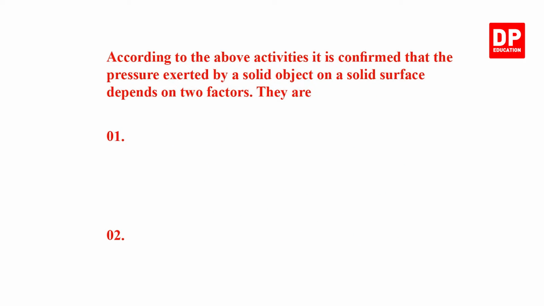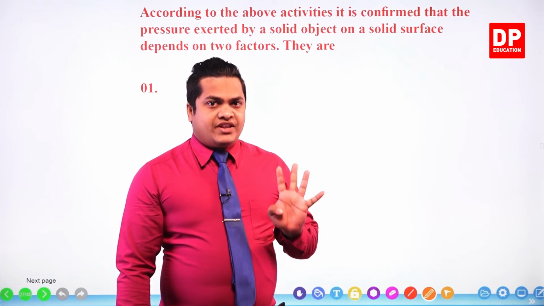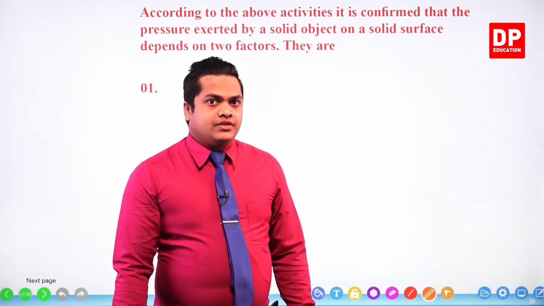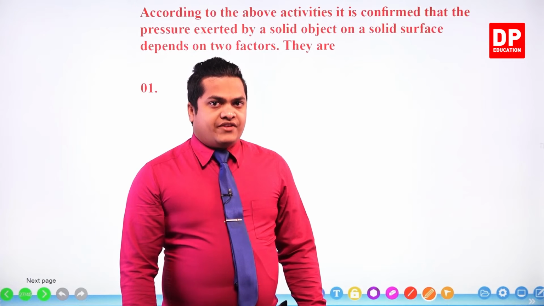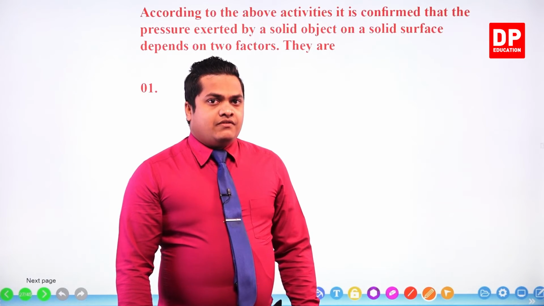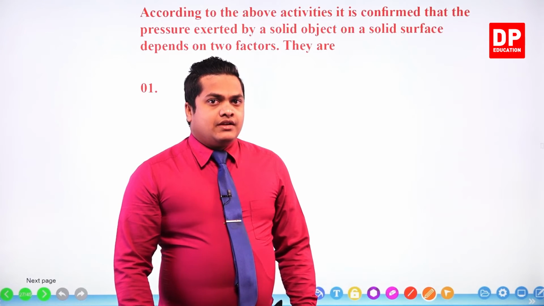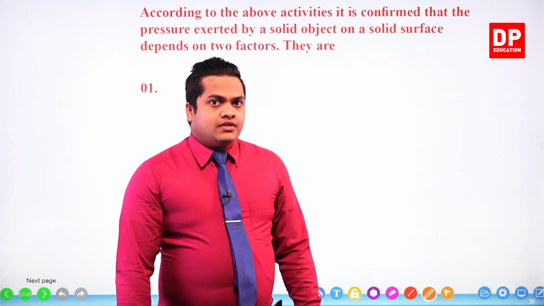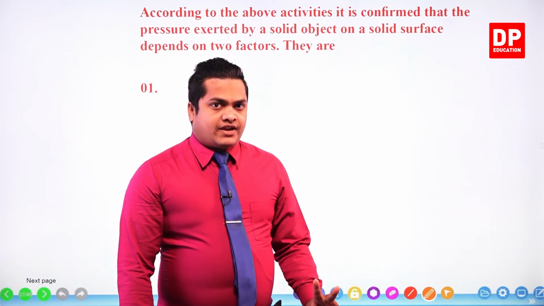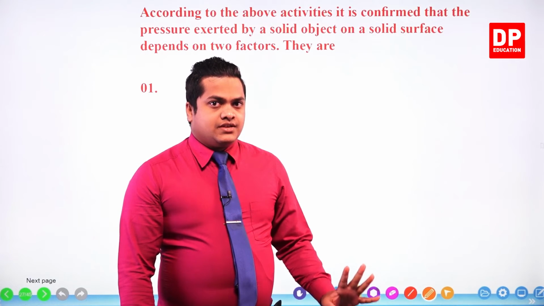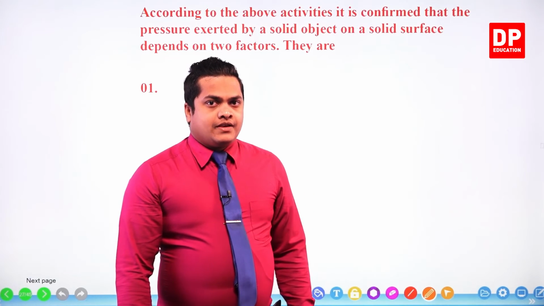So according to the above activities, now we conducted four different activities, my dear children. According to these four different activities, we could finally reveal that there are two different factors that affect the pressure, right?